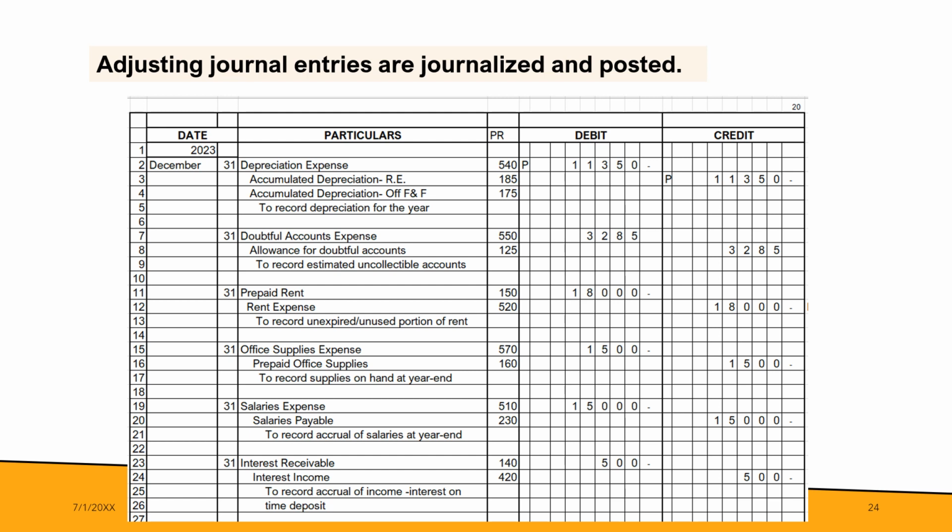So meaning this account, depreciation expense, and all other accounts that we used in our adjusting entries were already posted to their corresponding ledger. At this point, I'll be sharing with you two of the general ledger accounts, just to show you that the adjusting entries were already posted to the general ledger.